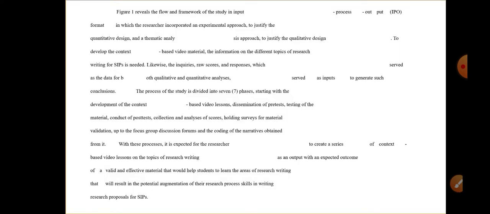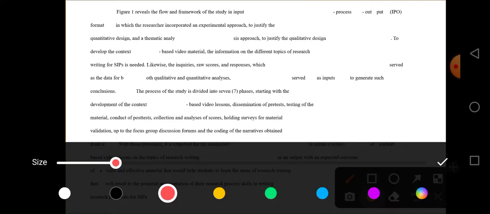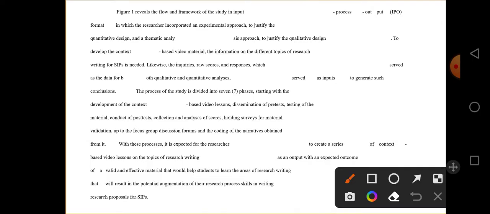Now after constructing the figure of your IPO model, right below the figure title, you will have to write a one paragraph description of the framework. To write it, you will need to start with the introduction of the IPO framework.